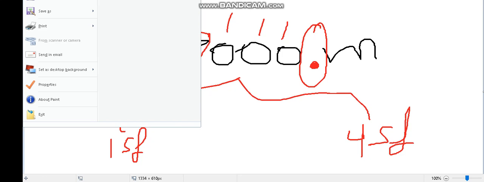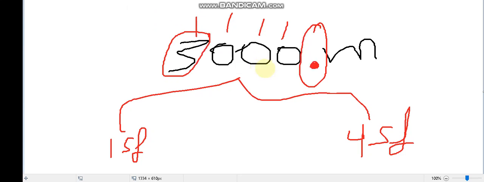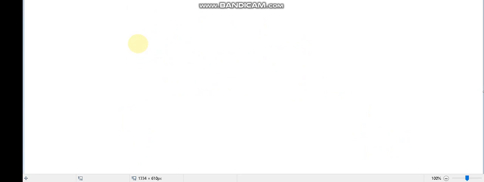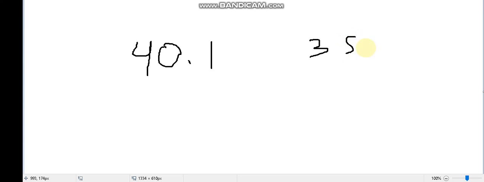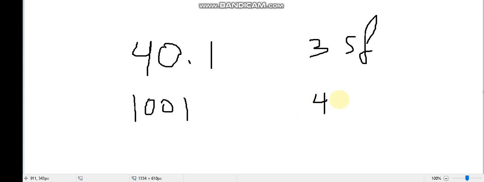An example: let's assume that we have 40.1. So I have 3 significant figures. Let's assume I have 1001. I have here 4 significant figures.